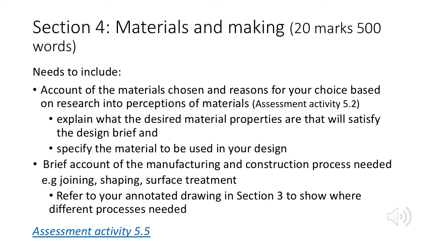And you need to refer to your annotated drawing in the previous section, in section 3, to show where different processes are needed. So this is really trying to give you the experience of thinking about how something that you've designed on paper might actually be made in reality, how it might be implemented.